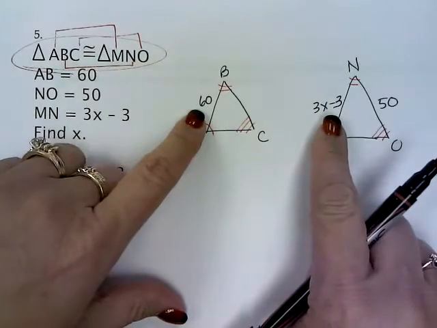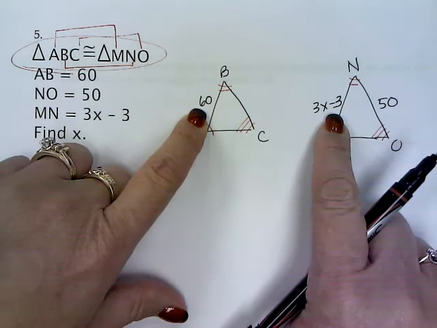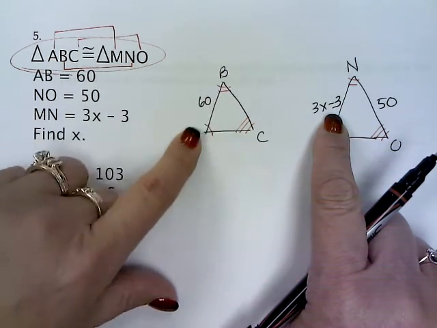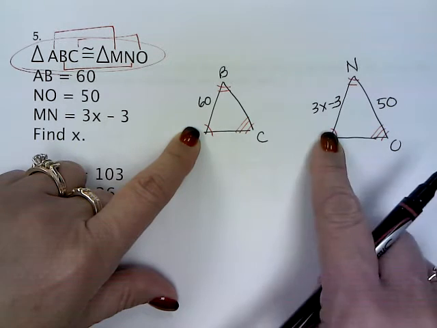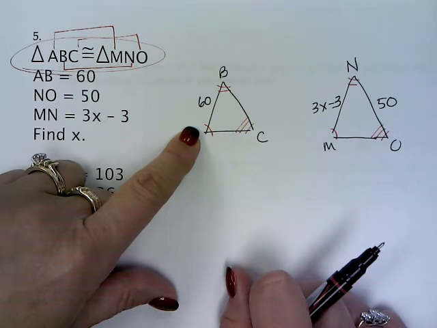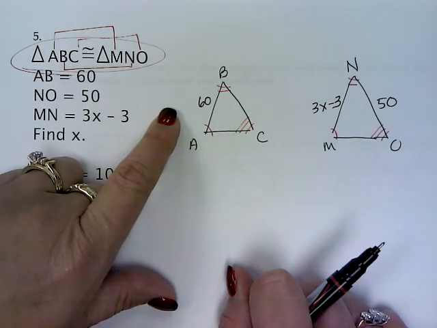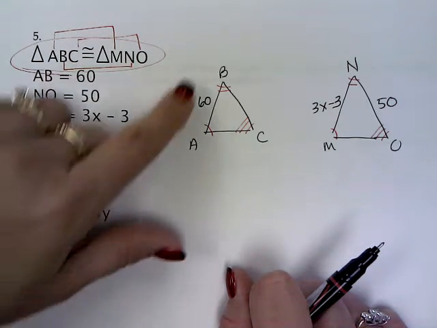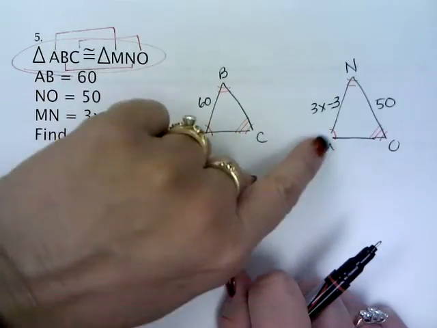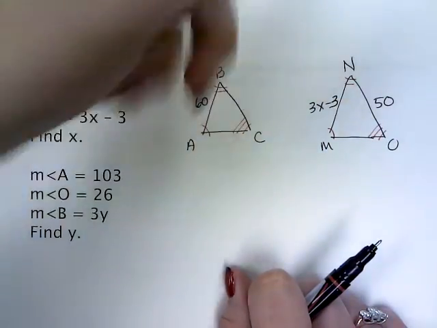So therefore, right here, I know to find the value of x that the side 60 matches the side 3x minus 3, so I'm able to solve for x. Order again matters in this, that if I say side AB, M matches A, I have to say side MN.